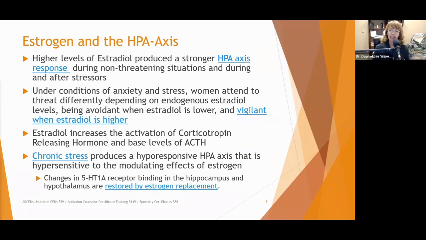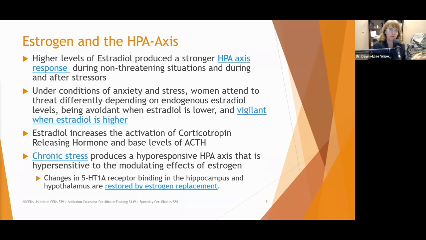Under conditions of anxiety and stress, this is interesting, women attend to threat differently depending on their endogenous estradiol levels. When their estradiol is lower, when their estrogen's lower, they tend to be avoidant of stressful situations. When their estradiol is higher, they tend to be more vigilant.